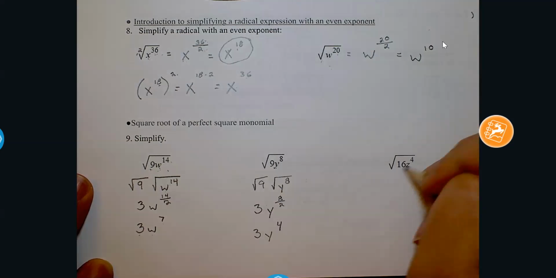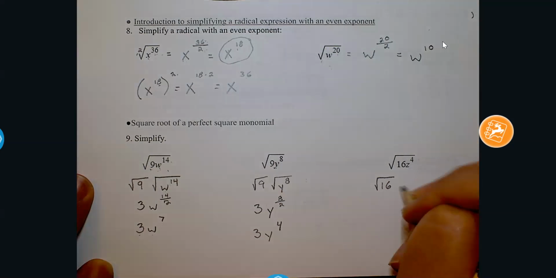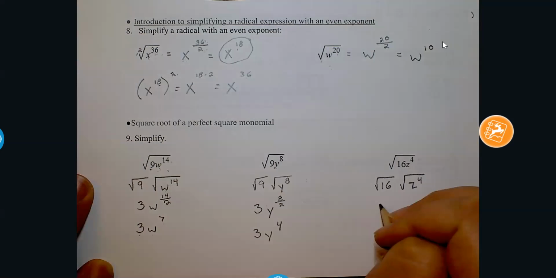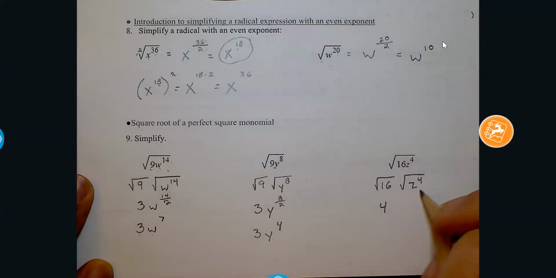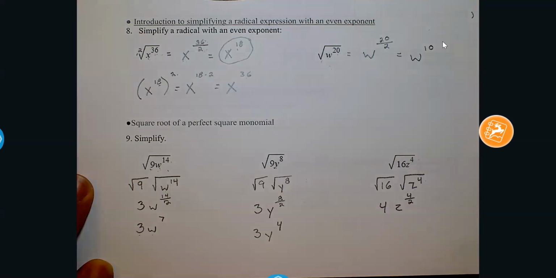Okay, when we have the square root of 16z to the 4th, this becomes the square root of 16 times the square root of z to the 4th. And the square root of 16 is 4. And the square root of z to the 4th becomes z to the 4 divided by 2. So that would be 4z to the 2nd. Okay?